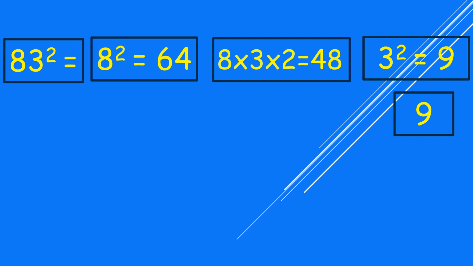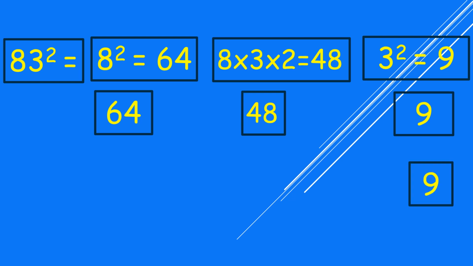So we bring down the 9. Just to recap, the second and third terms are only allowed to have single digits. If you have a double digit, you carry over one of the digits to the next term. 3 squared is 9, a single digit, so we are good to go. Our middle term is 48, so we retain the 8 and carry over 4.